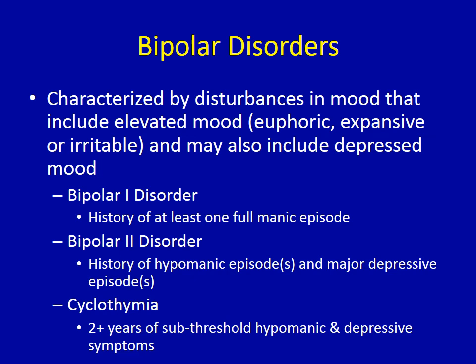And then cyclothymia is characterized by persistent low-grade mood symptoms that are both elevated and depressed. So 2 or more years of subthreshold symptoms of hypomania and depressive symptoms where they're not meeting full criteria for hypomanic episodes or major depressive episodes.